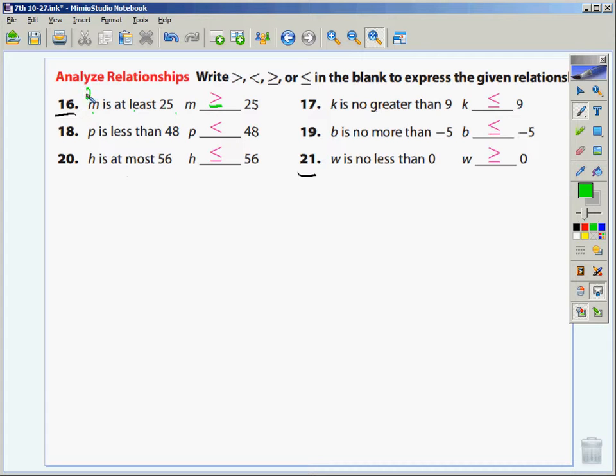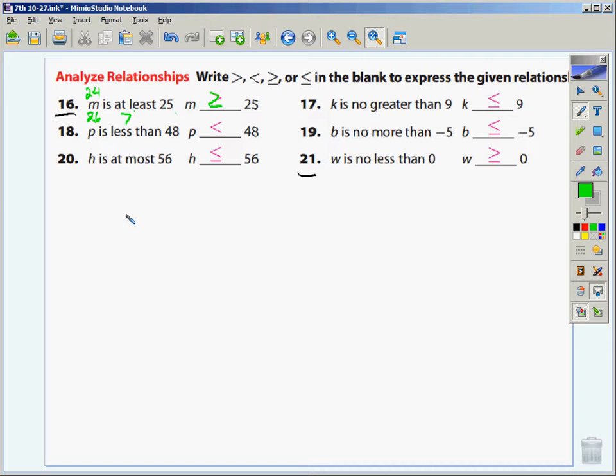If I pick 24, is 24 at least 25? No. Is 26 at least 25? Yes. So 26 is greater than 25, which is why the greater than symbol is in there.